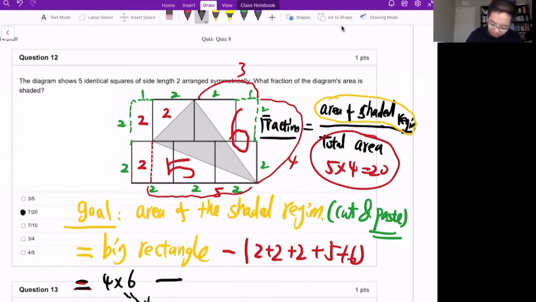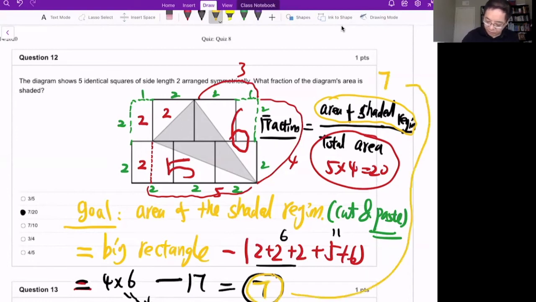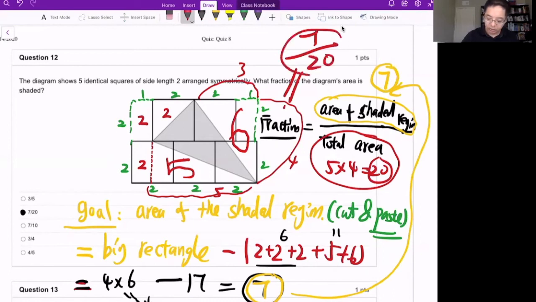So it's 24 minus, here this is 6, this is 11, so that's minus 17. What we get is 7. So we derive that the area of the shaded region is 7. Put it back into the general formula: 7 over 20. So the answer of the fraction equals 7 over 20.